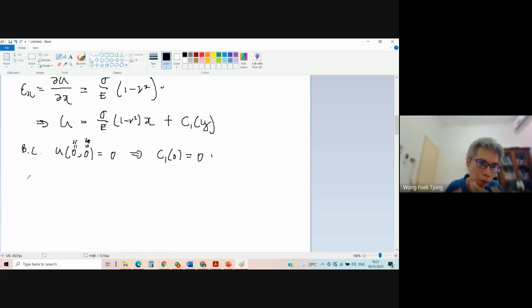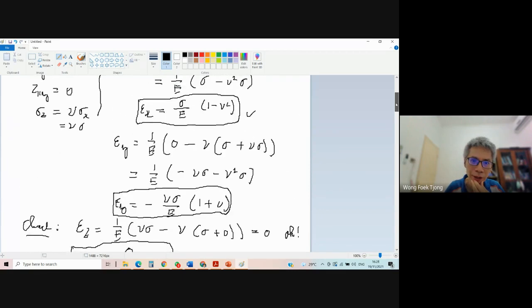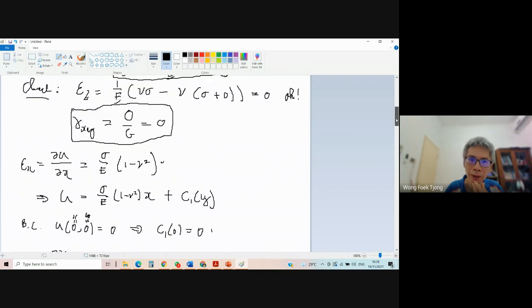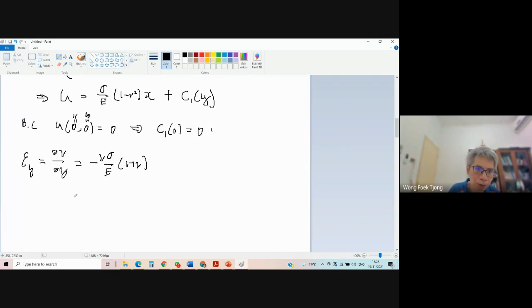Let's now move to epsilon y. What is epsilon y? Okay, that's minus something, but according to the kinematic equation, it is partial derivative of v with respect to y. This is minus sigma by E, 1 plus nu, just like before.